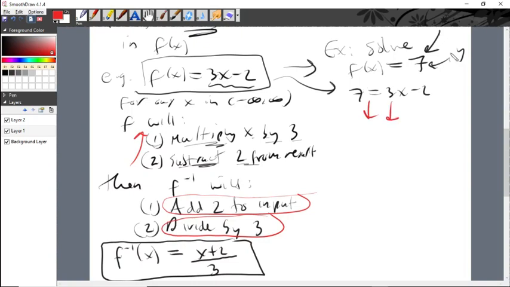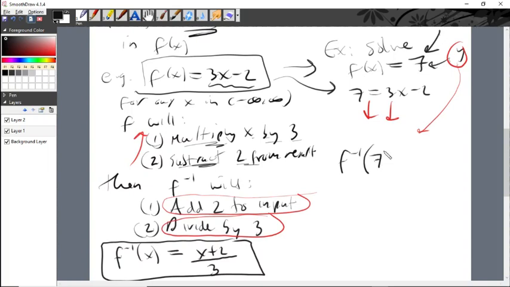We're going to take the value of the output of the original function and make that output become the input of the inverse function. So the inverse function that we built, f inverse of x, the input of the inverse is going to be what was the output of the original function.